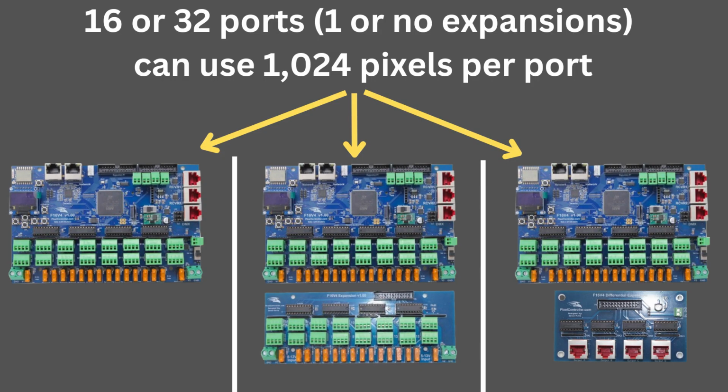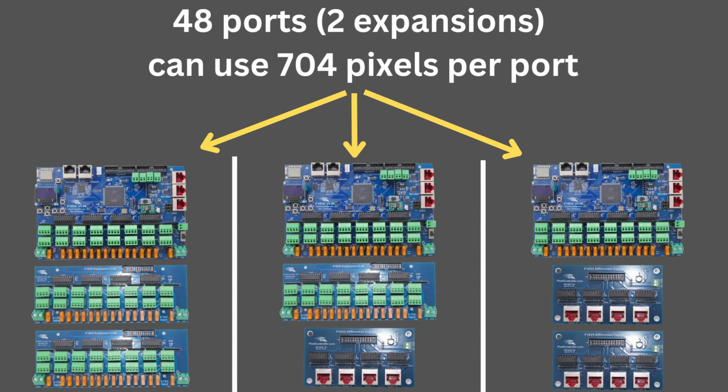Now with the F16 V4, they actually got rid of the little slider just to make it easier and one less thing to set up, and they automatically split all of the ports for you to use 704 pixels per port. So when there's 32 ports, all of them can use 1024 pixels. When there's 48 ports, all of them can use 704 pixels across the 48 ports, because 48 times 704 is 32,768. Wait a minute.